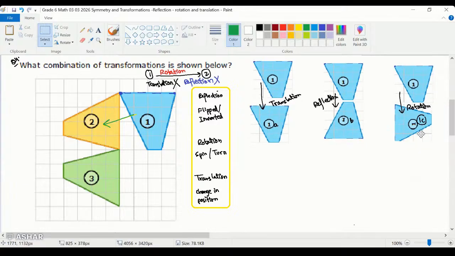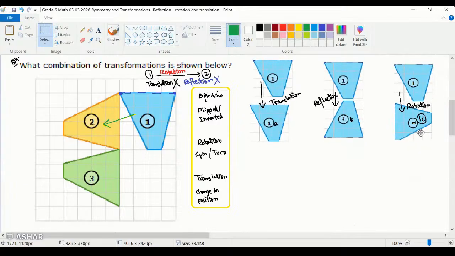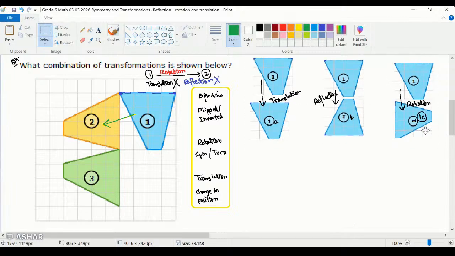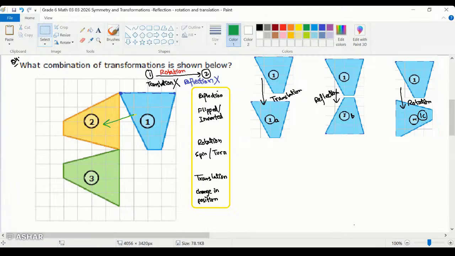Let's compare 2 and 3. Okay. In 2 and 3, what happened was, if this is our shape number 2, right? The best way to consider this example is we take a box. If the grid is given, we take a box. For shape number 3 also, we make a box.